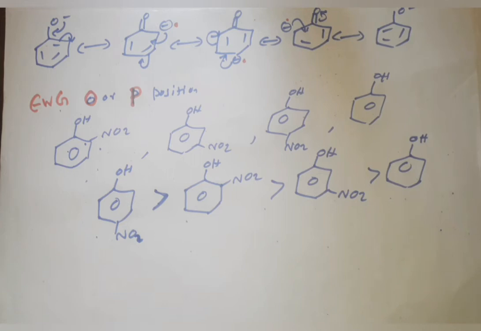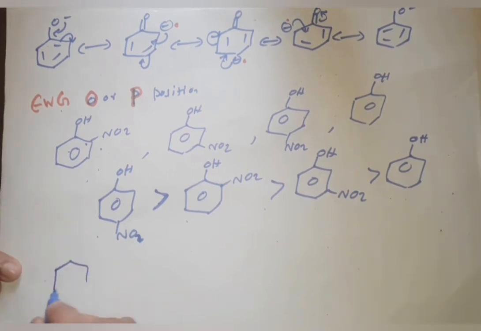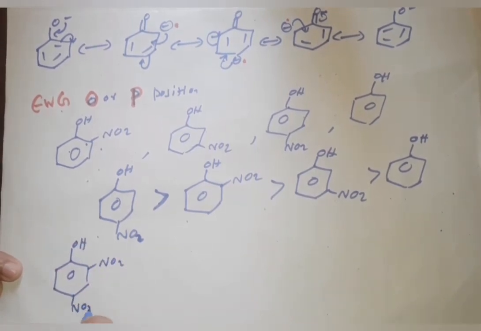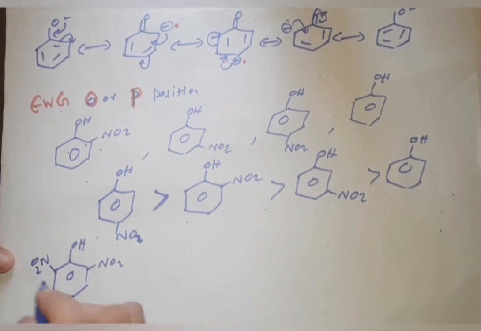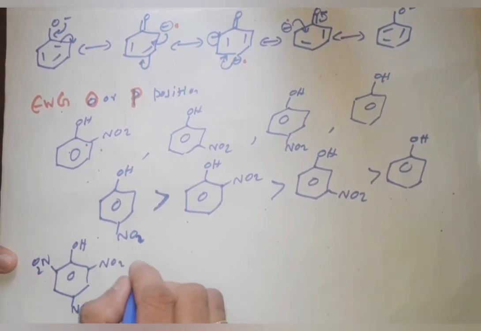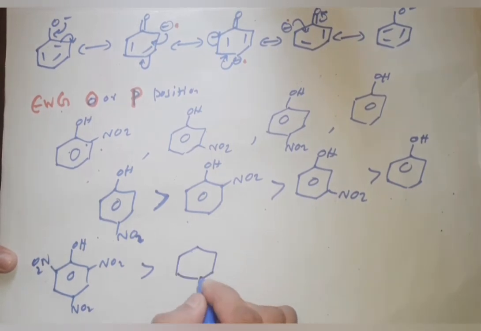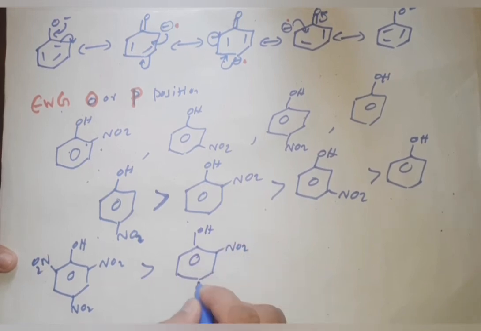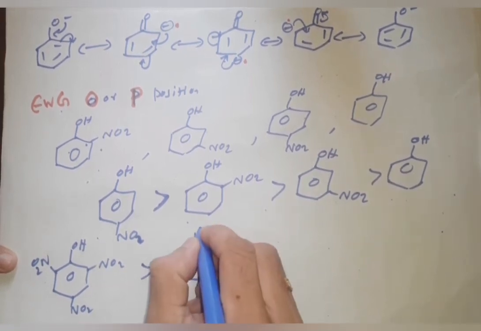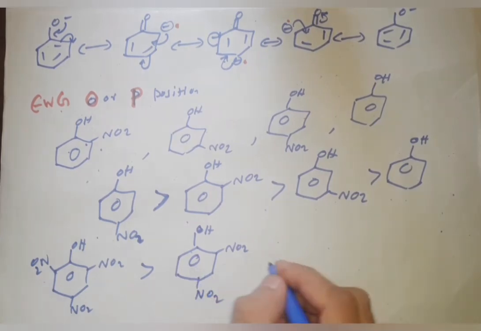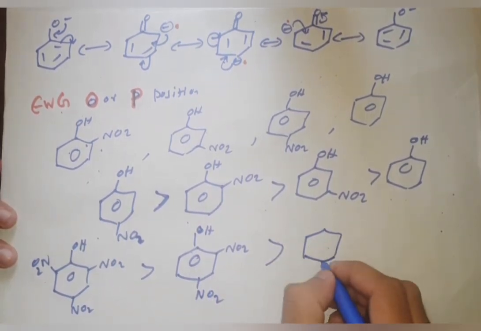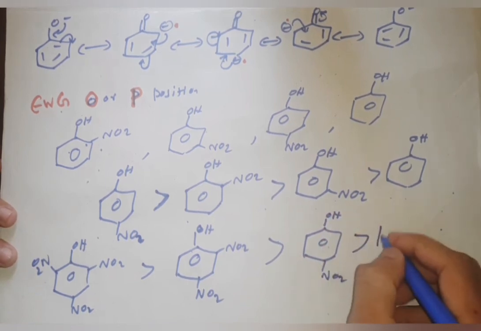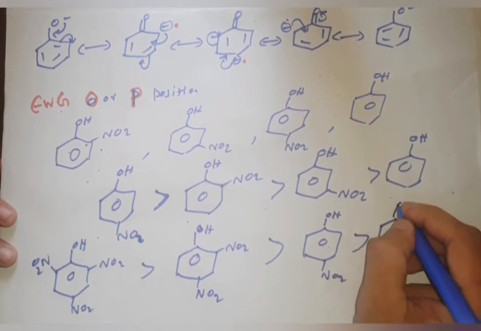Just take an example. 2,4,6-trinitrophenol is more acidic than 2,4-dinitrophenol, which is more acidic than paranitrophenol, which is more acidic than phenol.